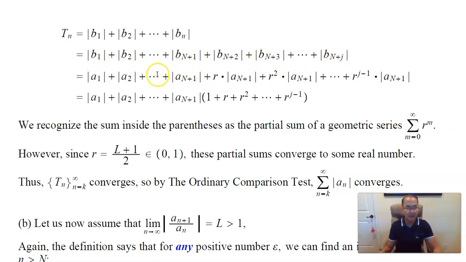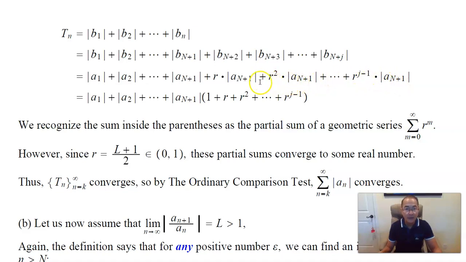But we said, okay, these first terms are the same. They're just a1, again with absolute value though. But this term, we said, oh, that's smaller than r times the last term, a N plus 1 absolute value. This one is smaller than r squared, a N plus 1. This is smaller than r to the j minus 1 times a N plus 1, all absolute values.